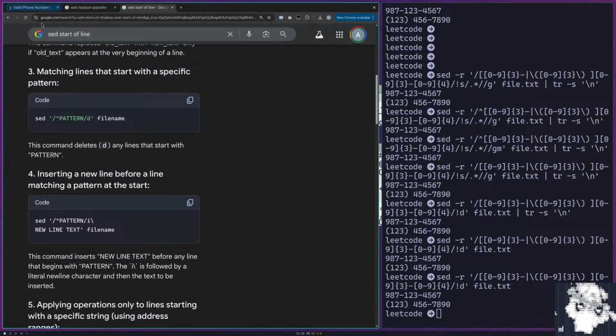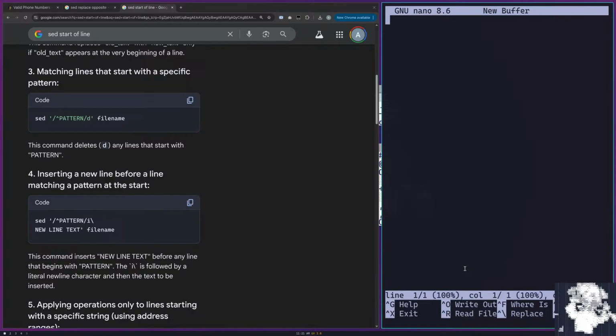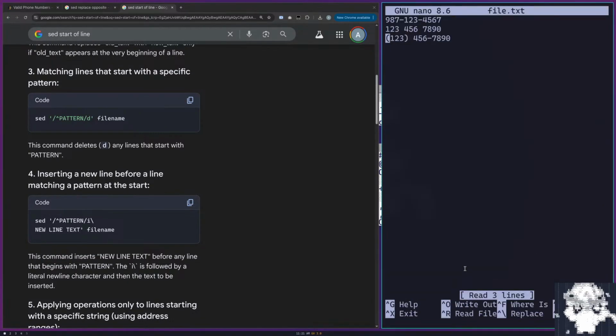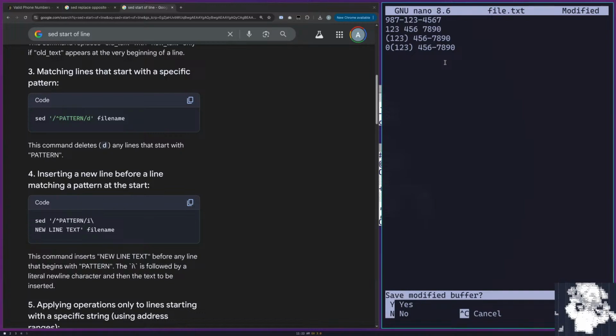But what was my issue again? Let's nano, or exit that, nano file.txt. Let's add in, or yeah, let's just add in the thing that is misbehaving. Save, write.